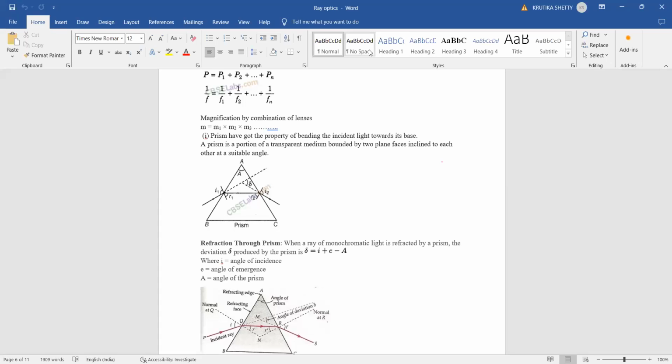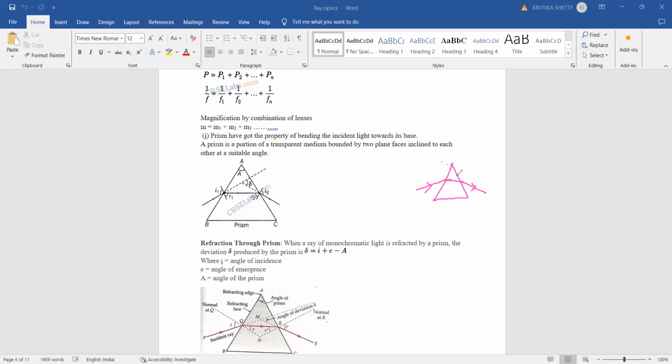When light passes through the prism, this is called the incident ray, this is the refracted ray, and this is the emergent ray.